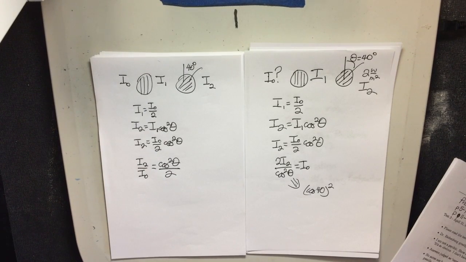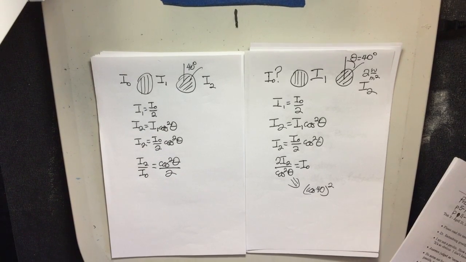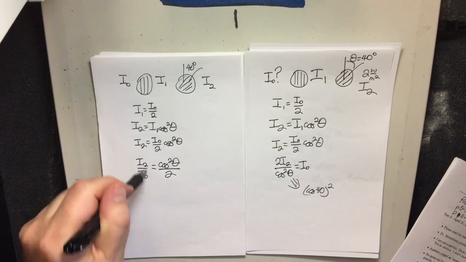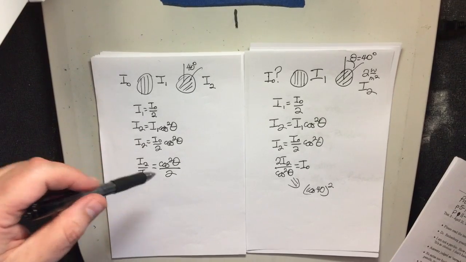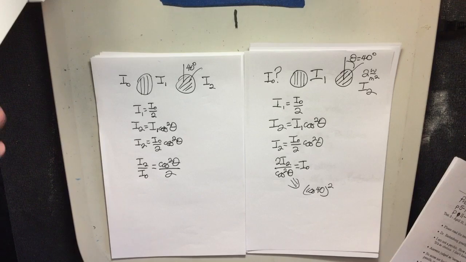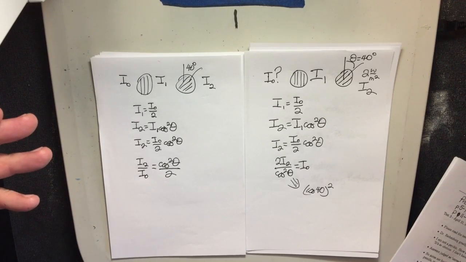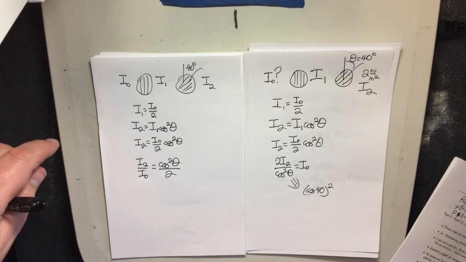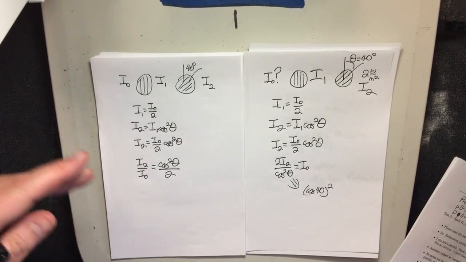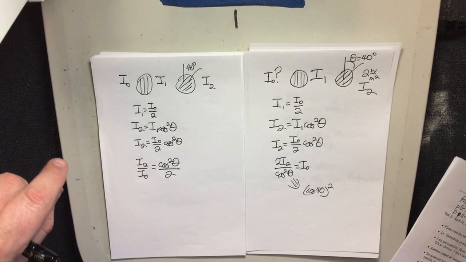So if I say, given these two filters with an angle of theta, what's the ratio of the exiting light over the initial light? It would be this. Cosine squared theta spits out a number. Dividing a number by a number gives you a unitless number. And there you go. If I ask for theta, then you just extract it, and then you get an answer in degrees.